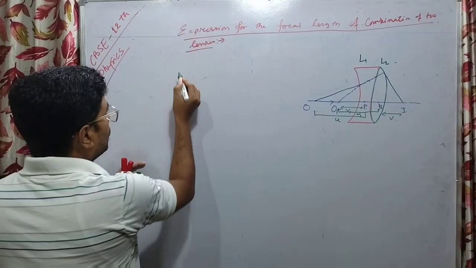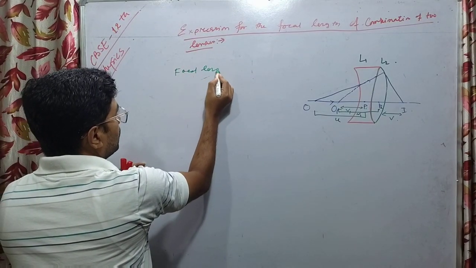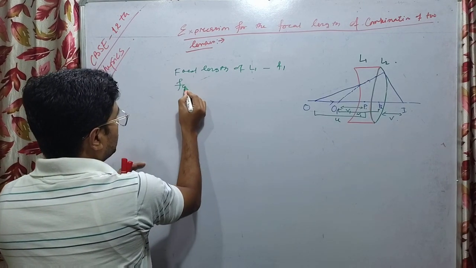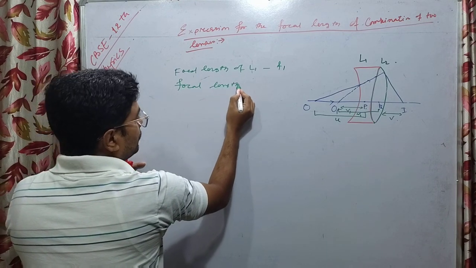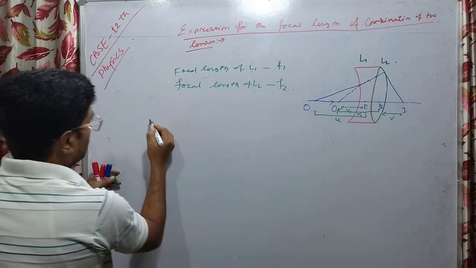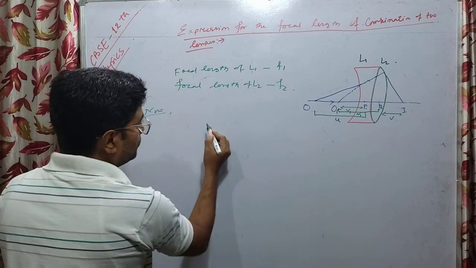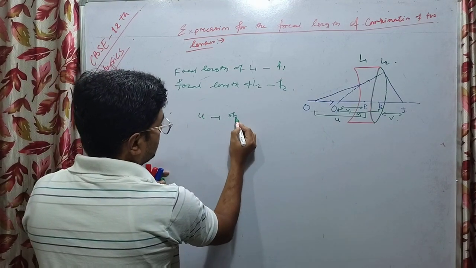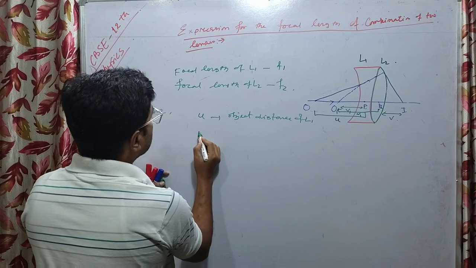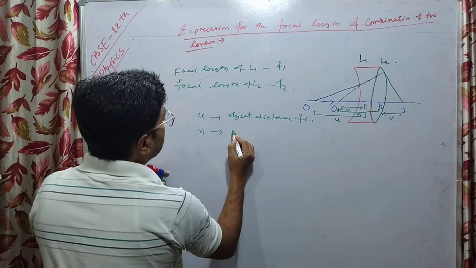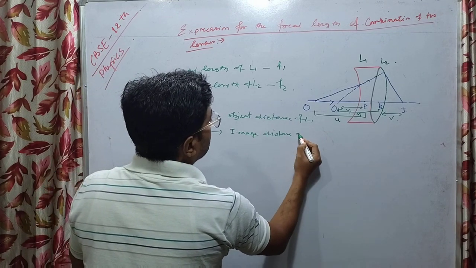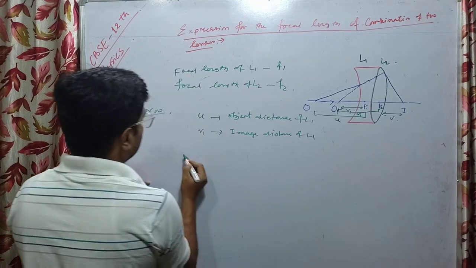Okay. Focal length of L1 is F1 and focal length of L2 is F2. Now U will be the object distance of L1. V1 will be the image distance of L1.